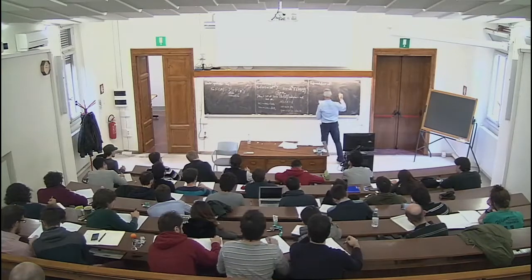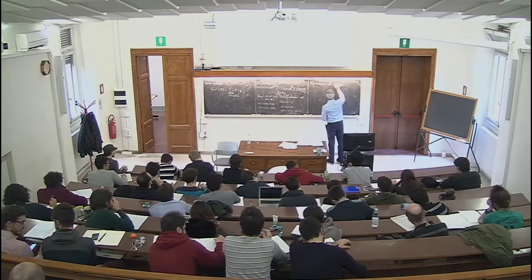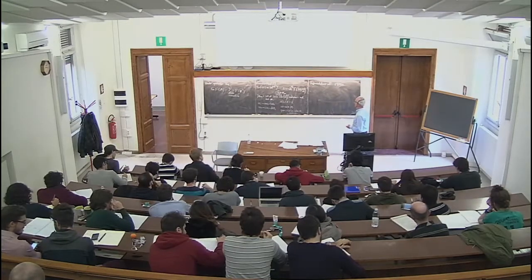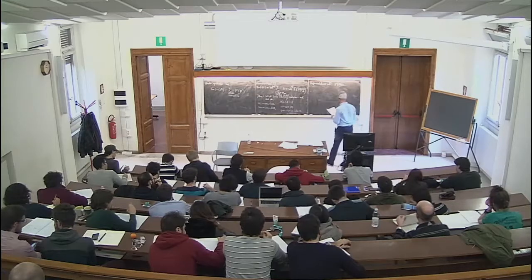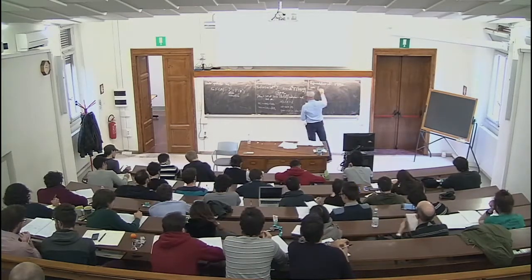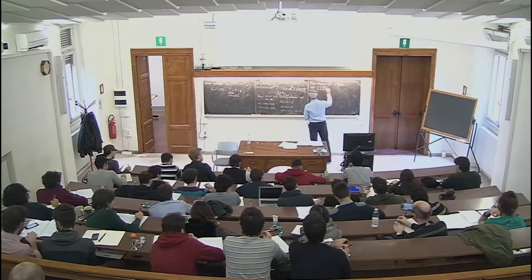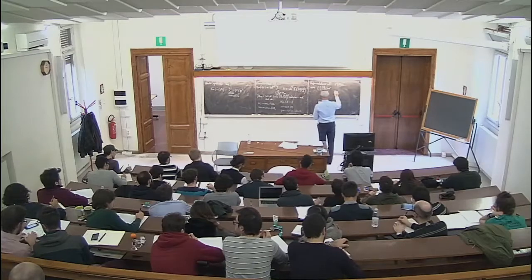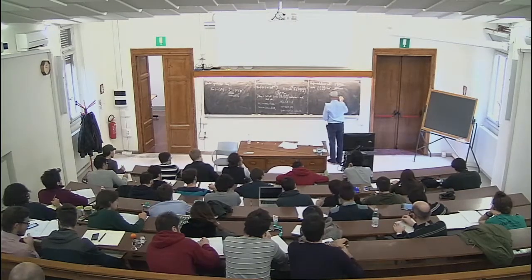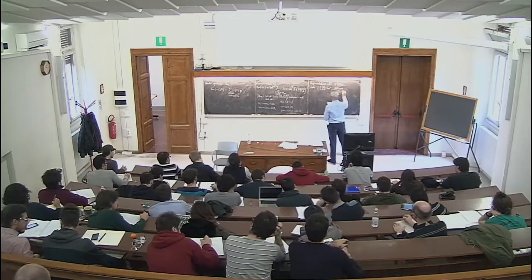The representatives of 2 by 2 integer matrices with determinant m modulo those that are in SL2Z can be shown to be of the form (a, b; 0, d), with a times d equals m, that gives me determinant m, and 0 less than or equal to b less than d.